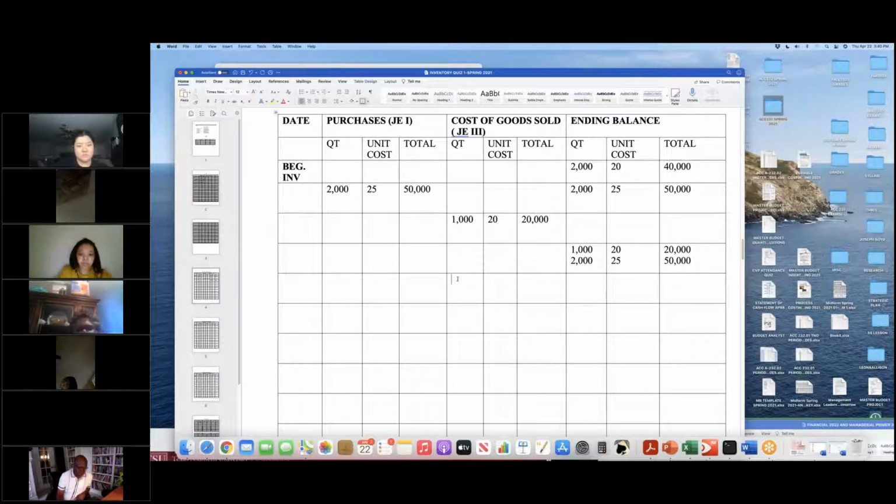So we put the 1,000 at 20. So we got all the old ones sold now. But we still got to get 1,000 more. And what are they going to be at? 25. And so they're going to be 25,000.